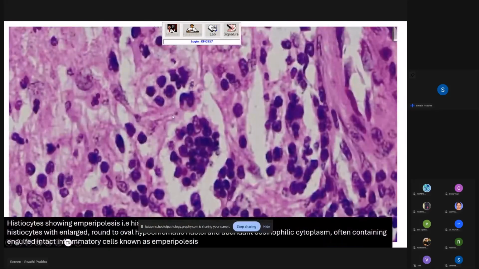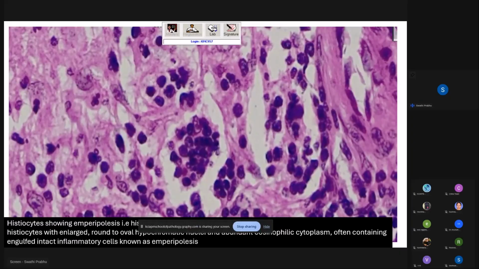When we come to the high power, what we saw was all these histiocytes trying to engulf the inflammatory cells, and it is called emperipolysis, because as we see here, the structure of the lymphocytes is intact. It could be lymphocytes or plasma cells, but the structure will be intact.